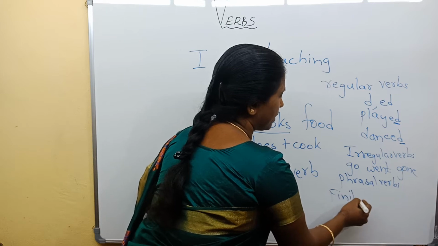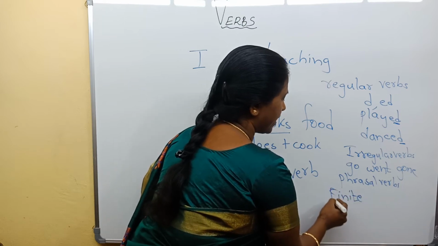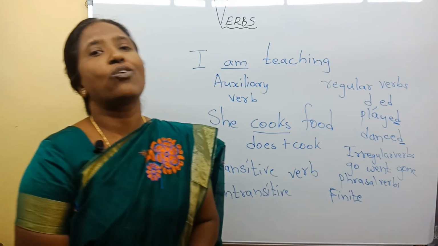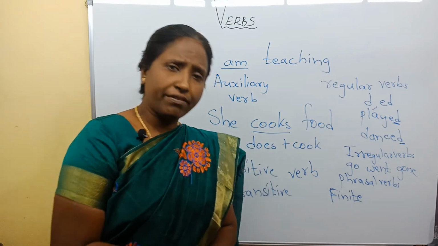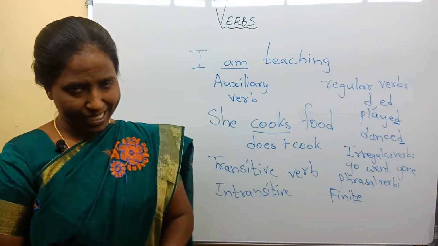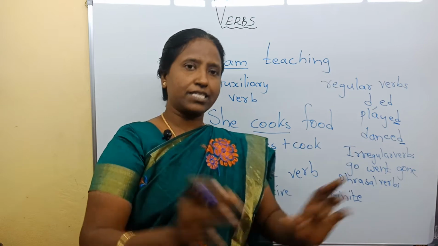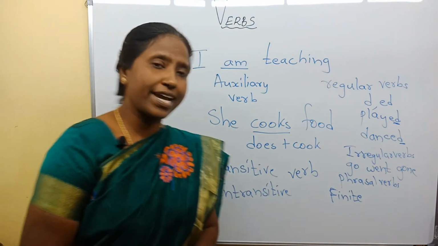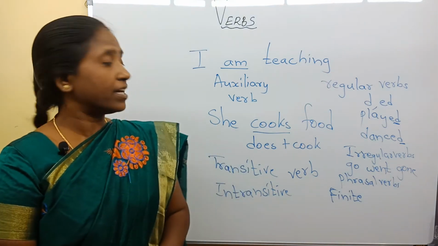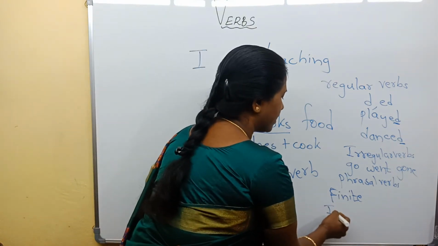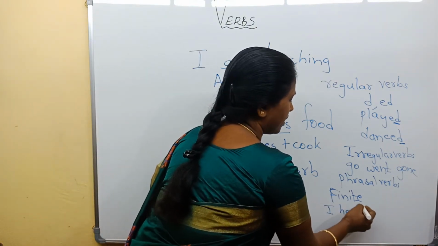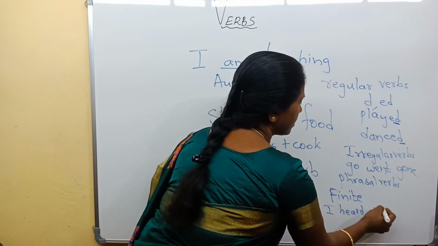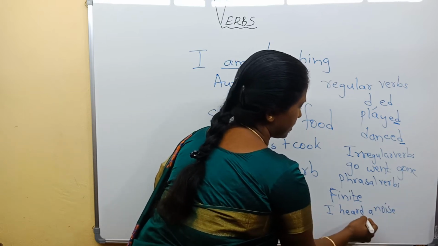Finite verbs change according to the tense. If a finite verb is used in the sentence, we get to know the tense, at what time the action occurred. Such verbs are called finite verbs. And then if I say, I heard a noise, here heard is past tense.